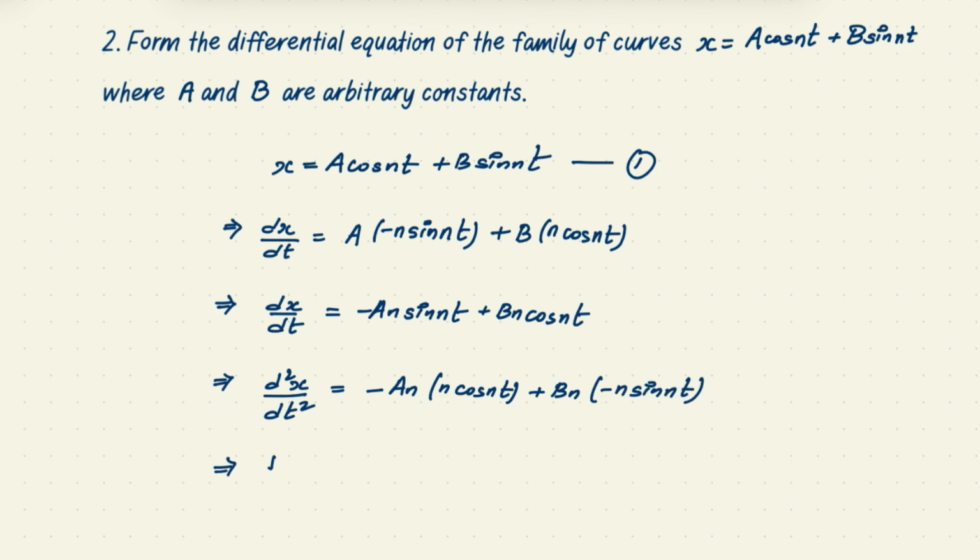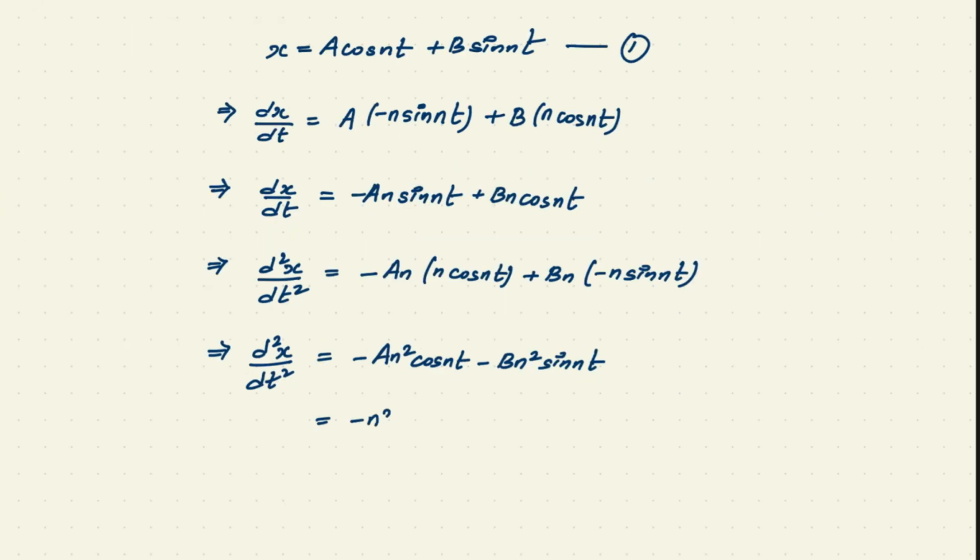So d2x over dt2 equals minus a n square cos of nt minus b n square sin of nt. Now let us take out minus n square from these two terms. Then we will have a cos nt plus b sin nt.